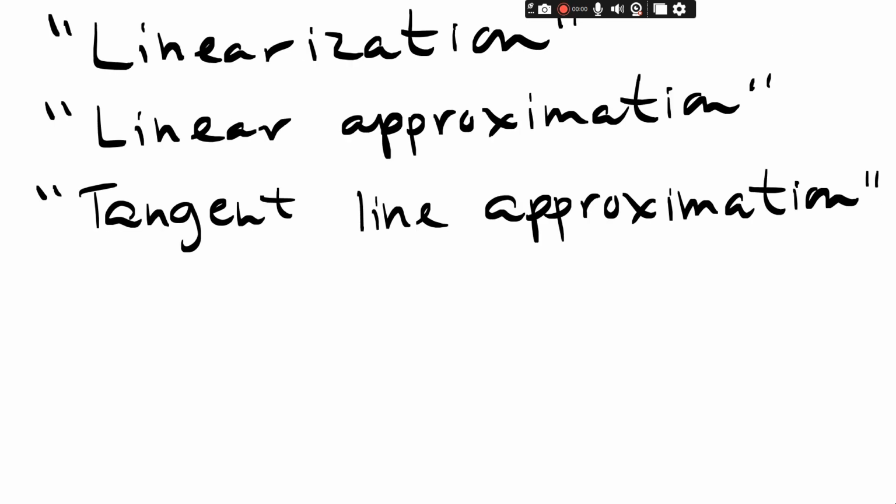Cool. All right, we call it linearization. This stuff we did not have in our notes last time. Sometimes we call it the linear approximation. Sometimes it's called the tangent line approximation. So whatever it says on the homework, it really just means the same thing. Cool. Okay.